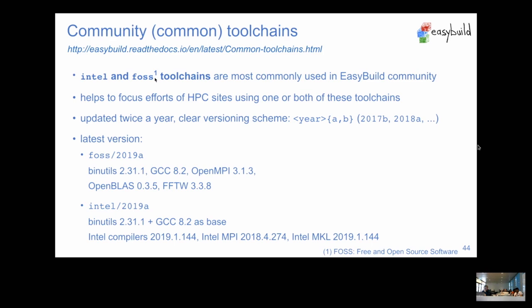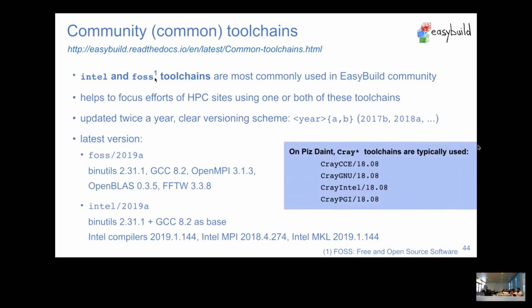We do an update of these twice a year and try to motivate the community to focus on these versions. For Cray, it's a little bit different. We have the dedicated toolchains that are maintained by CSCS, one per programming environment provided by Cray, and you should be using these certainly on Piz Daint.